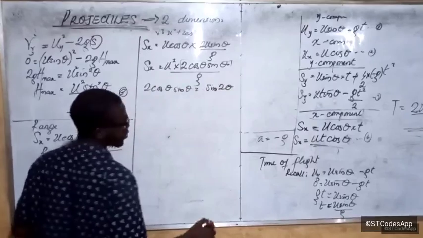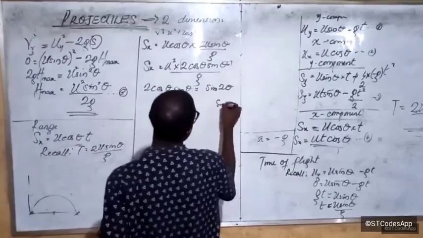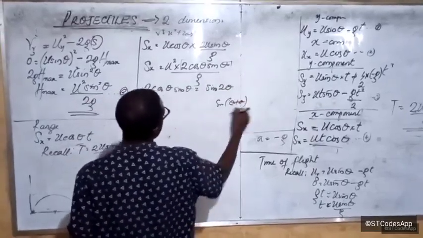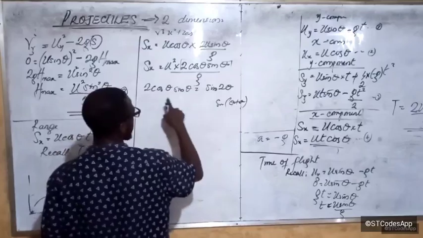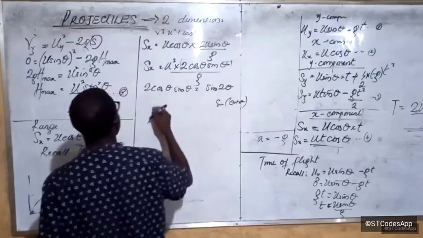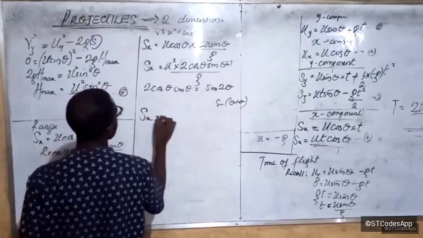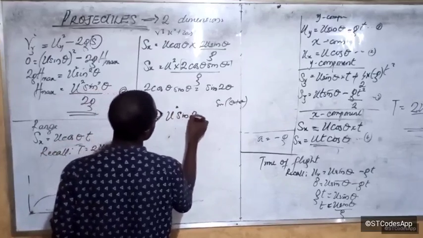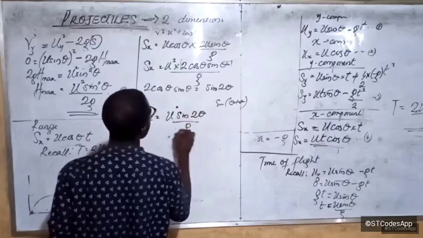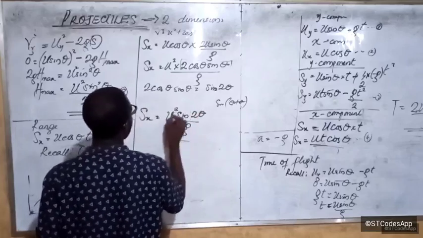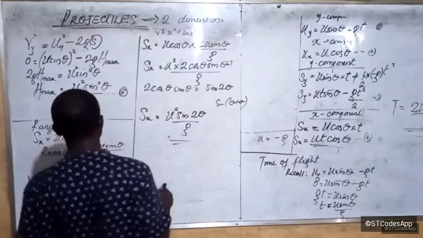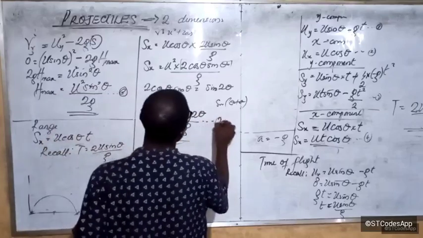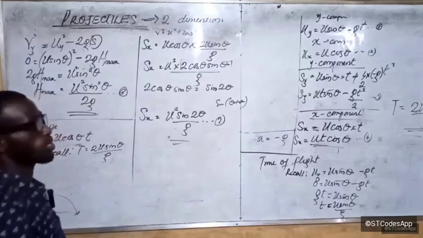When you evaluate sine of theta plus theta, this is what you are going to get. All right. So we have s sub x will be equal to u squared sine 2 theta over g. And this is the answer, the equation. So this will be equation 7. This will be the equation for the maximum range.